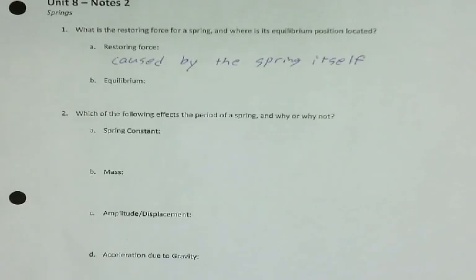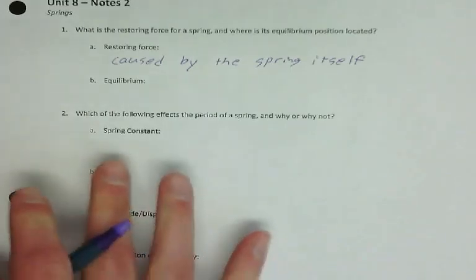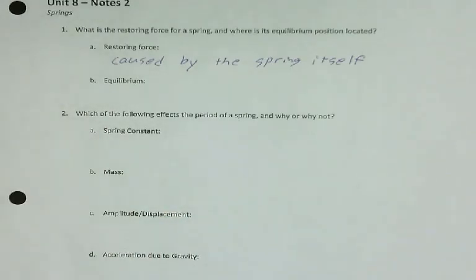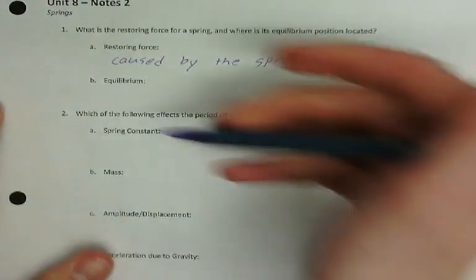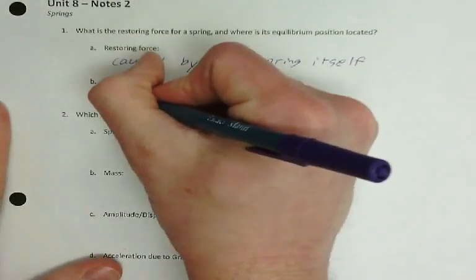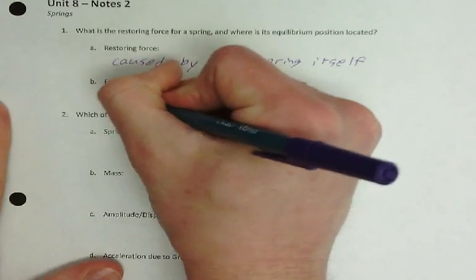That's because the spring has a natural kind of tension in itself. Anything that stretches it out or compresses it, it wants to get back to that natural tension. And equilibrium is the location of the natural tension of the spring.